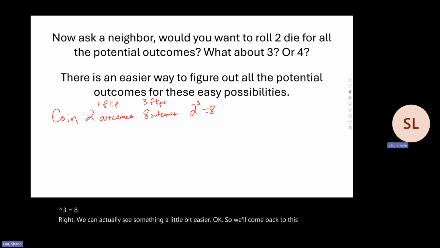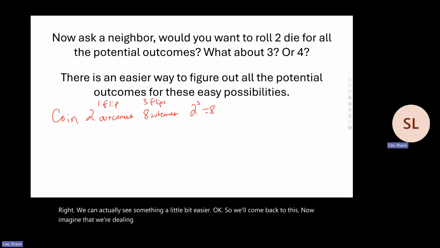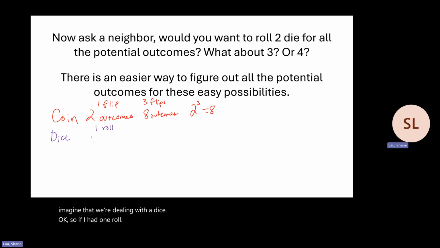Now, imagine that we're dealing with a die. If I had 1 roll, there are 6 outcomes, right? 1 through 6. But if I take the same approach as this coin business up here, let's say I had 2 rolls.